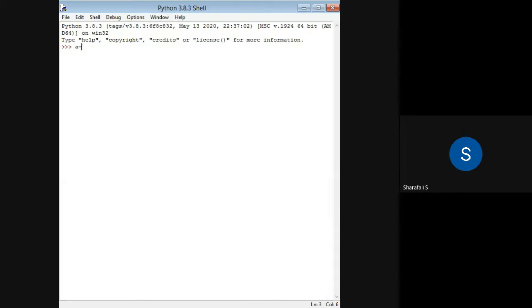If you write a equal to 10, the value 10 is assigned to variable a. We don't have to declare a here. If you give 10, it is automatically taken as an integer. That is how the assignment operation works.